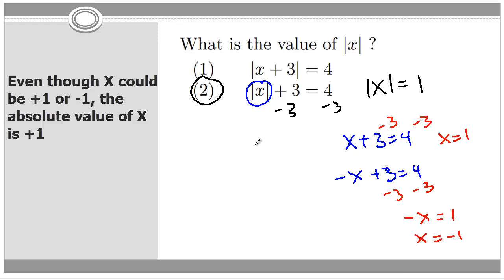But remember, they're not asking for what is the value of x. They want to know what is the absolute value of x. So if I have 1 or -1, when I put absolute values around those numbers, I get the exact same number. They both equal +1. So either way you look at it, statement 2 is enough, but statement 1 is not.